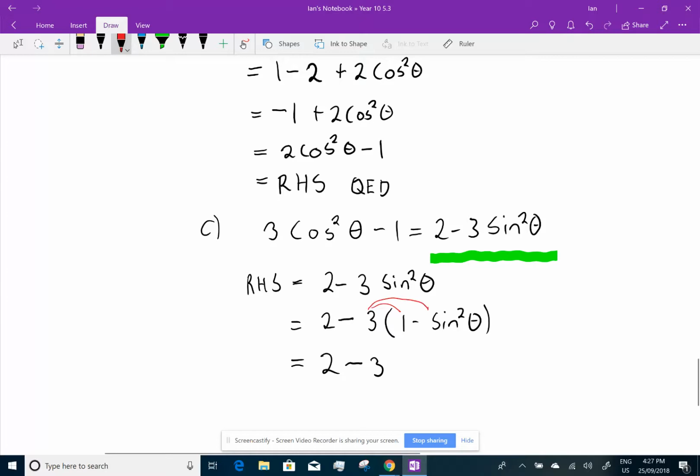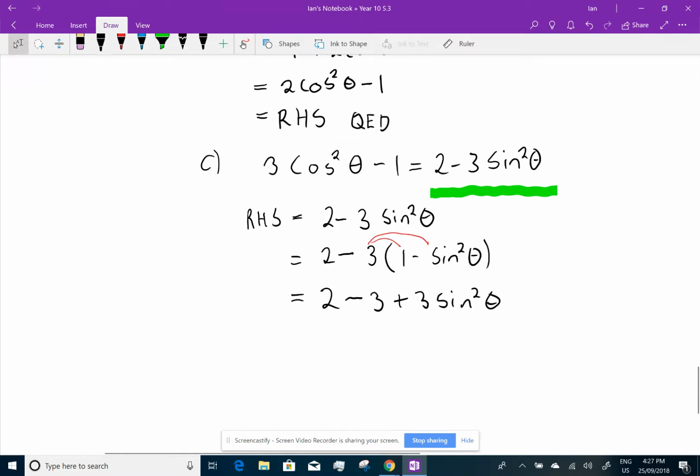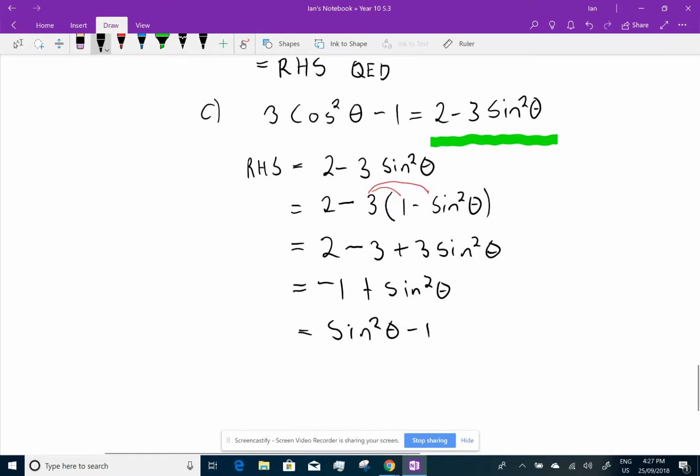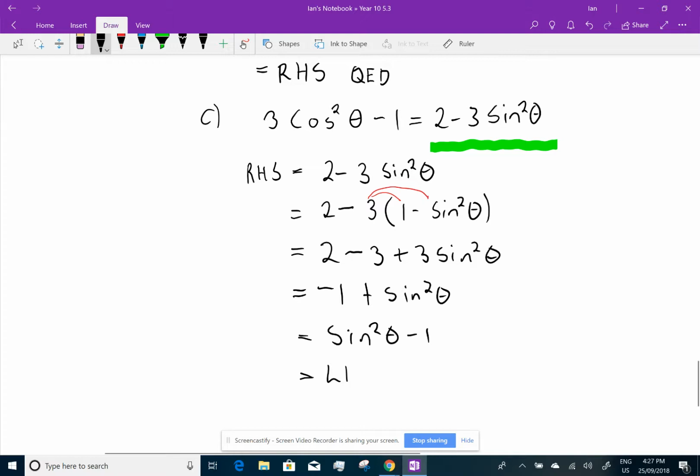And this one's going to give me plus 3 sine squared theta, which is going to give me minus 1 plus sine squared theta. And I'll just rearrange that so that it's sine squared theta minus 1, which equals the left-hand side and QED.